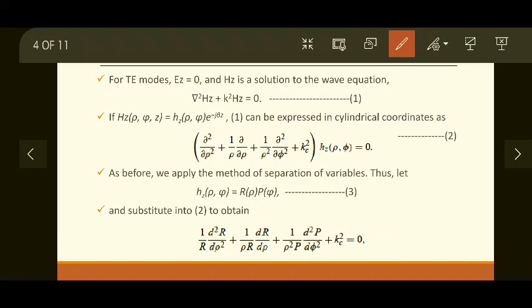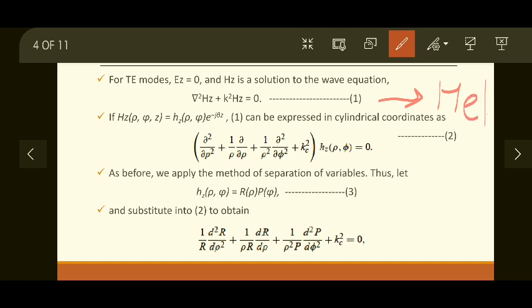Now we all know that for TE mode, the longitudinal component Ez is always 0, and Hz has a solution to the wave equation which is given by the Helmholtz equation, del squared plus k squared into Hz is equal to 0.